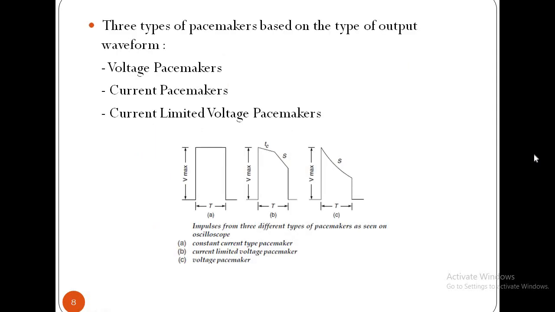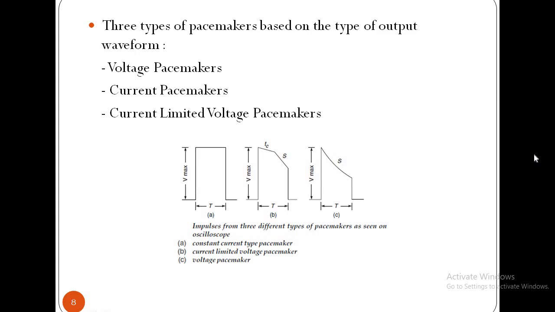Based on the type of output waveform, there are three types of pacemakers. These are voltage pacemakers, current pacemakers, and current limited voltage pacemakers. Voltage pacemakers are those in which the current in the circuit is determined by the available voltage during the entire duration of the impulse.